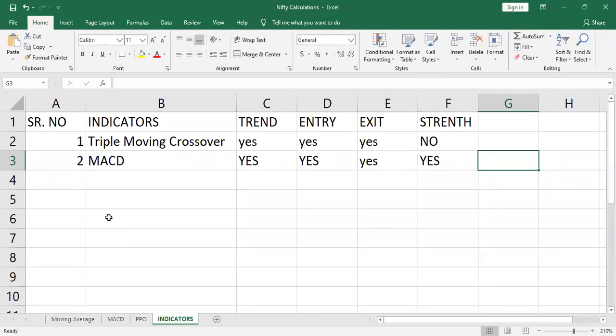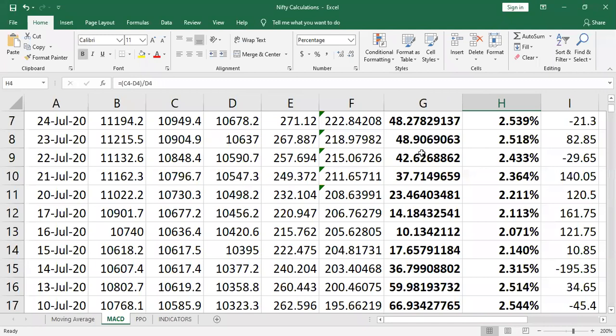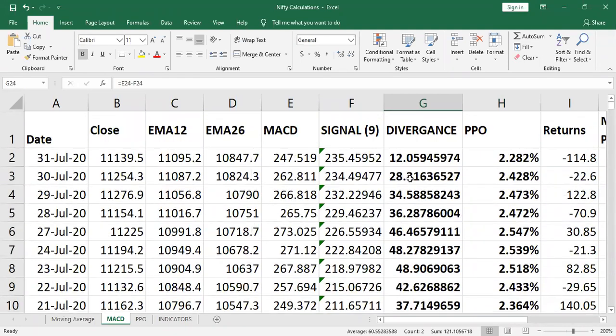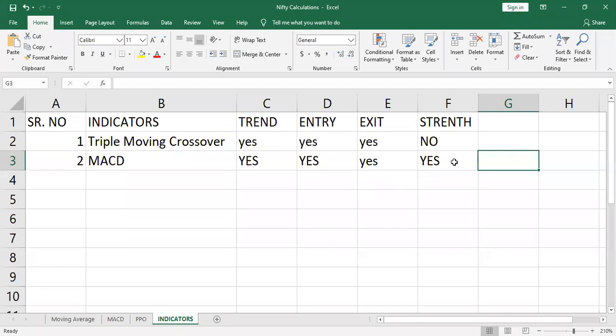Because as I showed you in the last scene, whenever the divergence numbers are very big and the difference between two divergences is very high, and whenever it goes from positive to negative or negative to positive, then fast movement may be possible. So it will also be used for the strength. You can identify it from the strength.